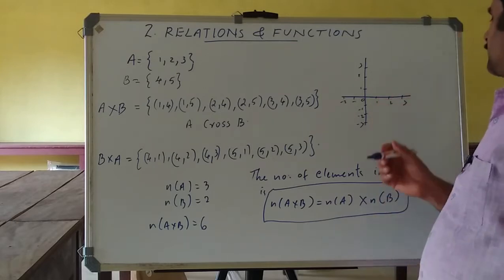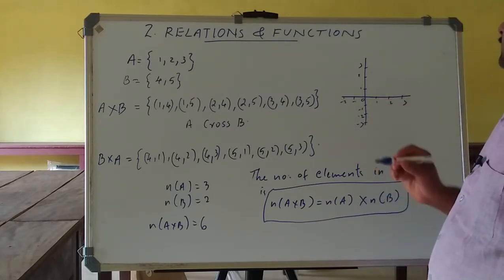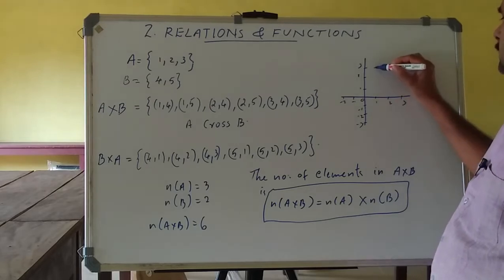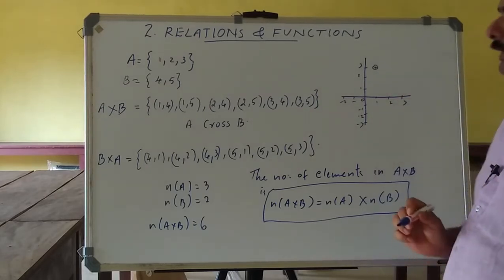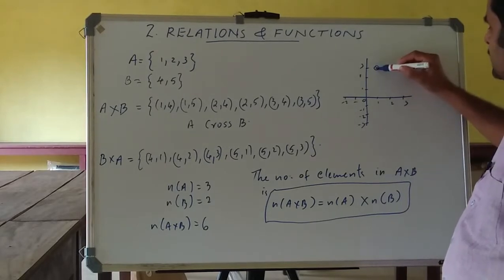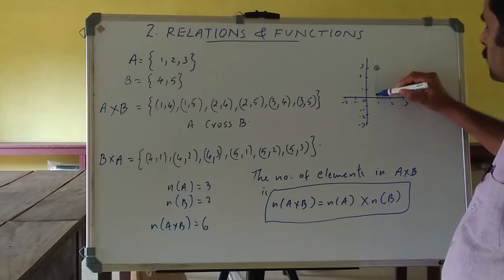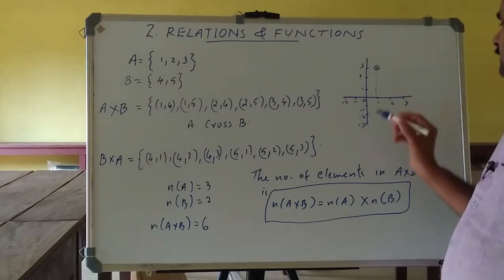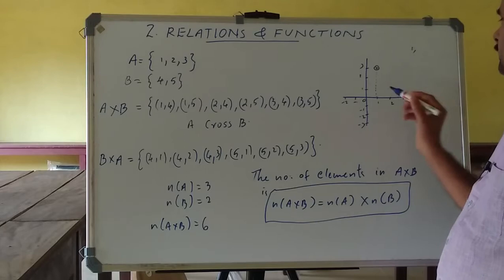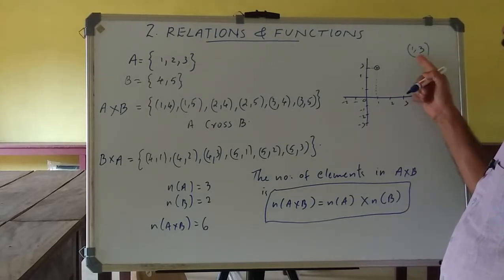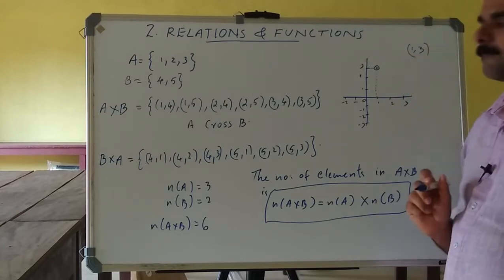Okay. Now I am marking a point here, this point. What about this point? Here, its x-axis number or x-coordinate is 1. Its y-coordinate is what? 3. So the point is (1, 3). Like this.